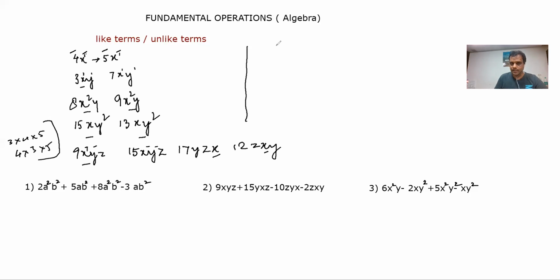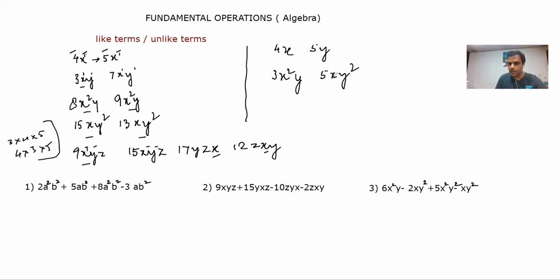What are unlike terms? Very simple now. 4x, 5y. Two different variables, though their powers are same, but their variables are different. We have to focus only on the variables, ignore the constants. Anything else? 3x square y, 5x y square. Now see, focus on the variables.